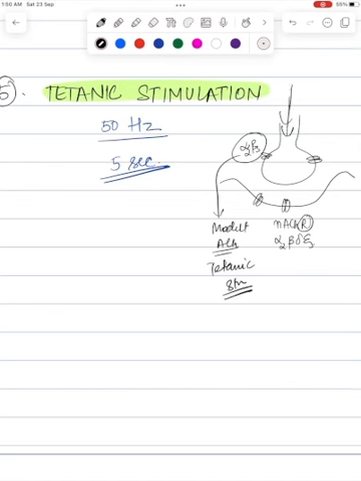That means when there are repeated electrical impulses coming in, there is mobilization of vesicles which contain acetylcholine, which will cause more and more acetylcholine to be released at the synaptic cleft.